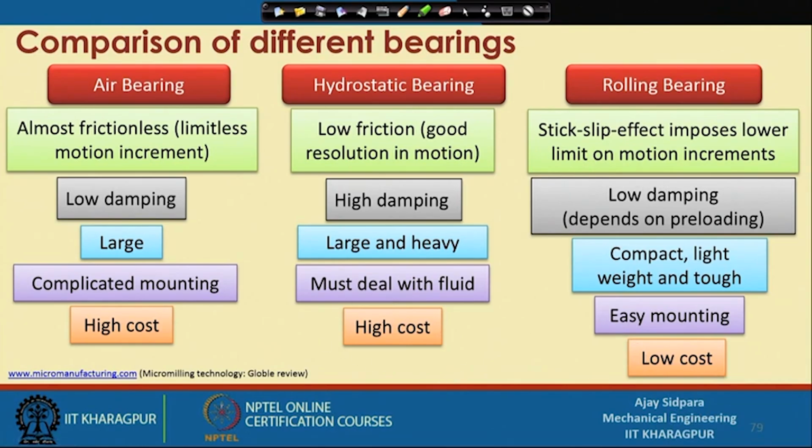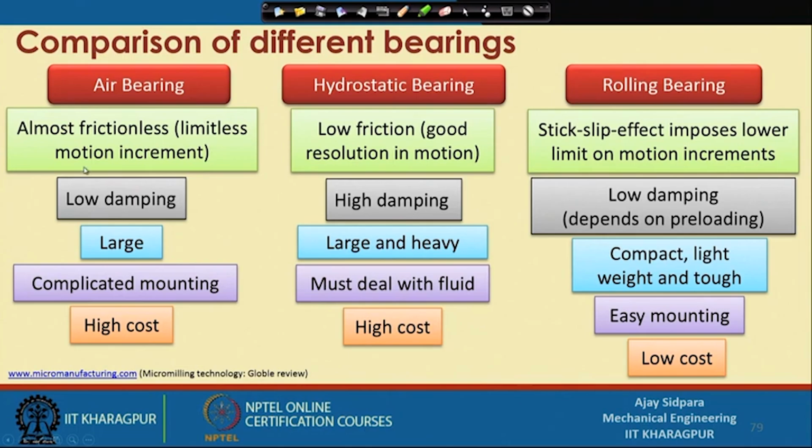So, from this comparison you can see that there are different types of bearings available, and all of them have advantages and disadvantages. It is up to us, or the machine supplier or machine builder, to decide which one is good for a particular application. If you are going with conventional machining, you can still use the roller bearing, because a few microns here and there will not make much difference. If you are going with a high loading capacity, you can go with a hydrostatic bearing, because the load carrying capacity is very high here.